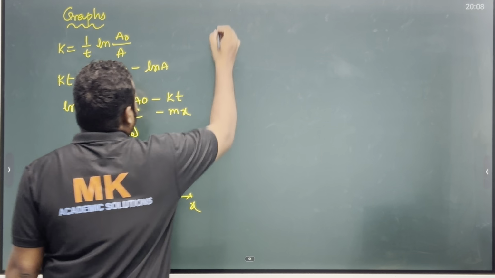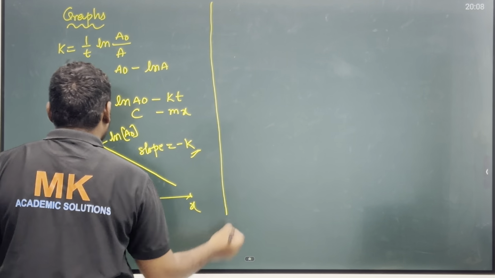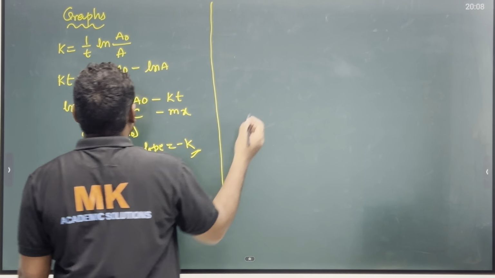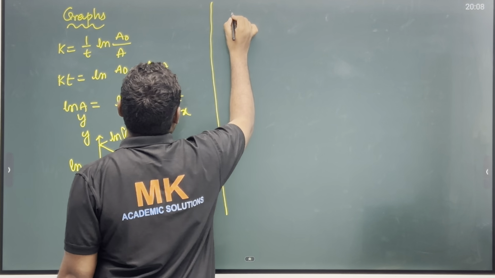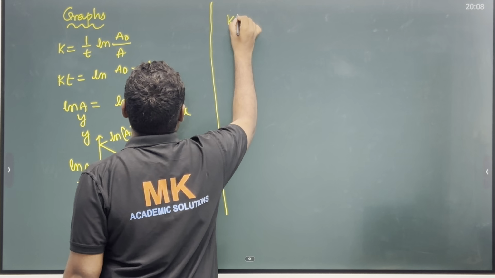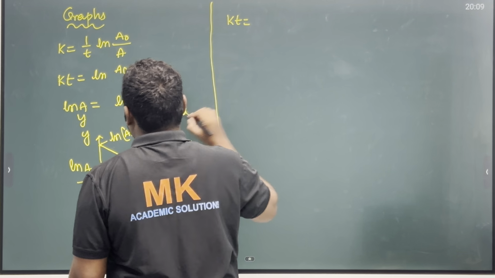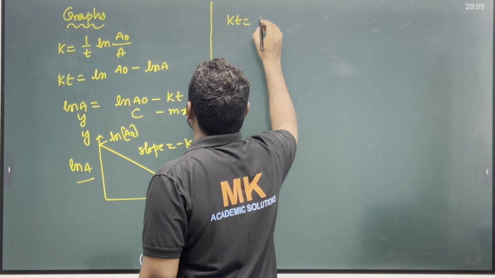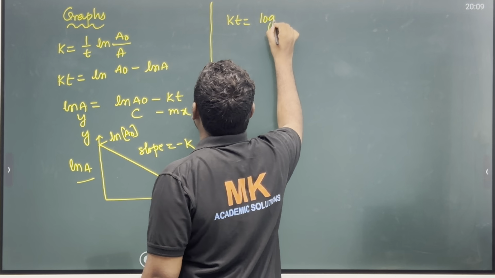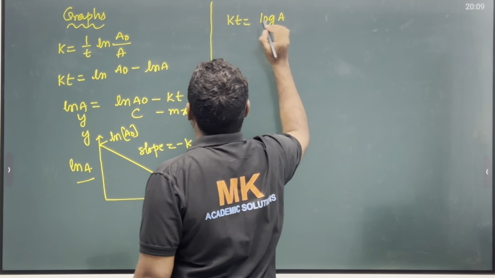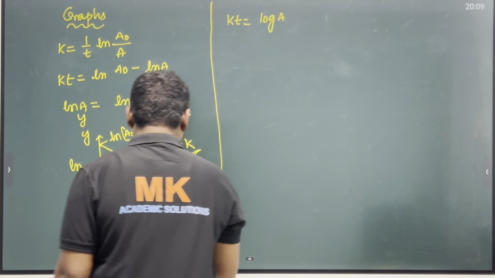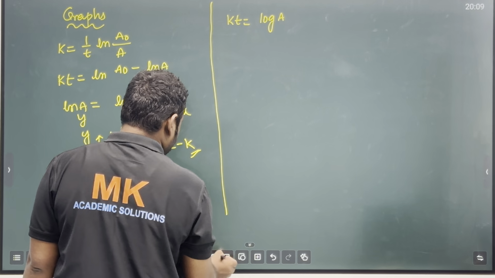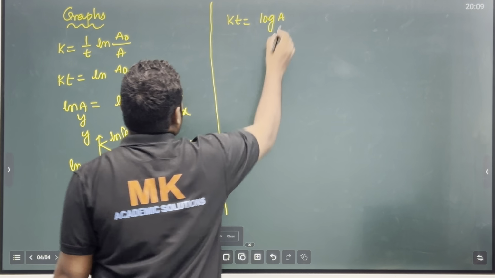Now let us draw the graph between log A versus t. Let us convert this reaction like that. Now we write from the first onwards so that we will get some clarity.